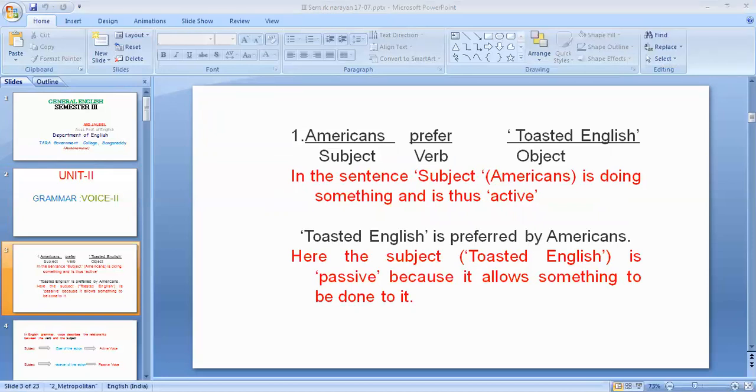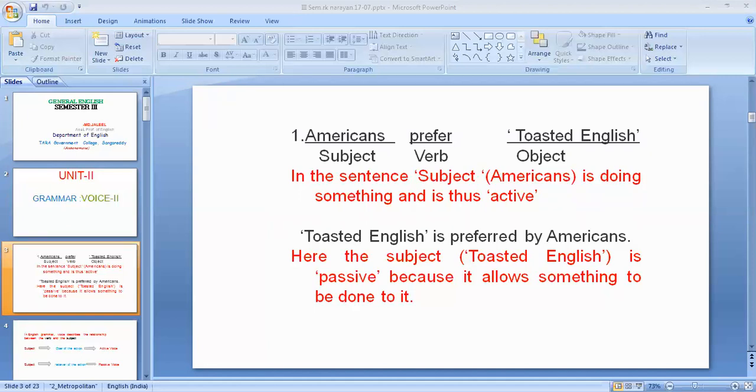In his prose piece of writing, R.K. Narayan presented that Americans have freed the language from the tyranny of passive voice. So the language can be presented in 2 voices. One is active voice and the other one is passive voice.